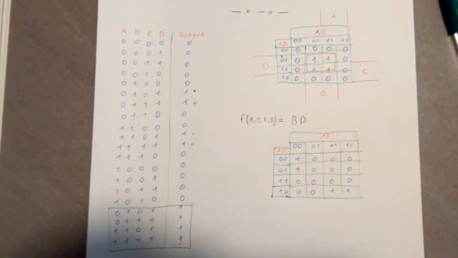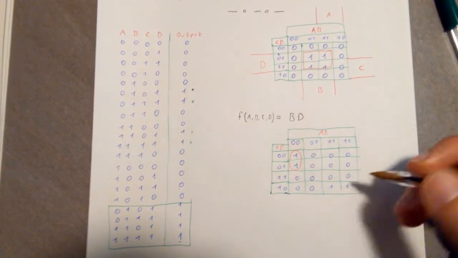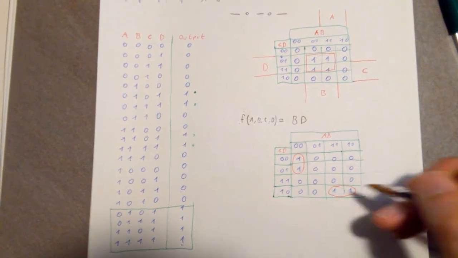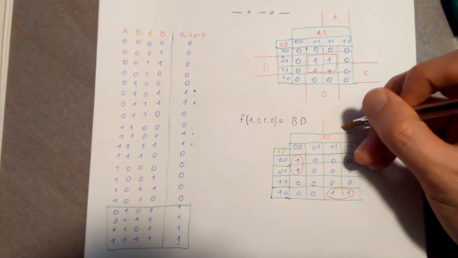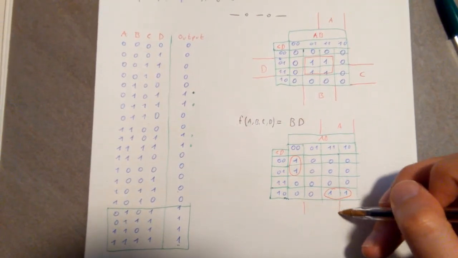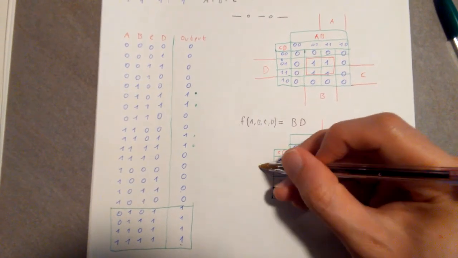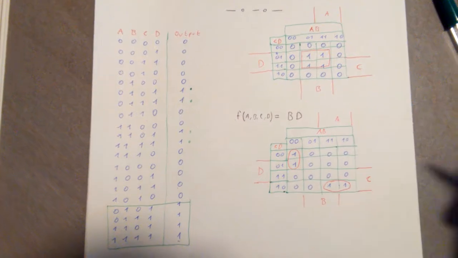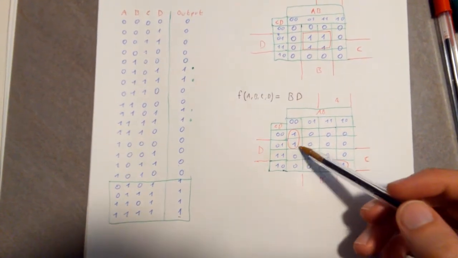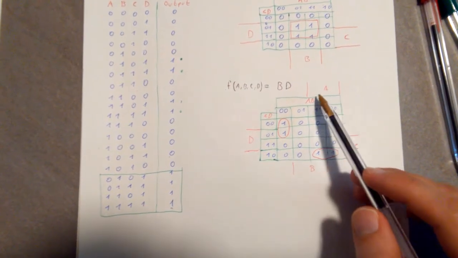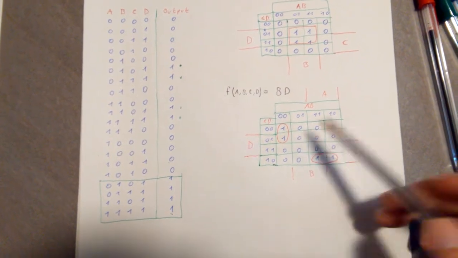So in this case, I'm going to choose this one as my group, and this one as my group, and I'm going to do exactly the same thing. A is asserted here, B is asserted here, C is asserted here, and D is asserted here. So let's look at the first group. The first group, 1, 1, falls completely outside A, because A covers this one, but is never inside this.